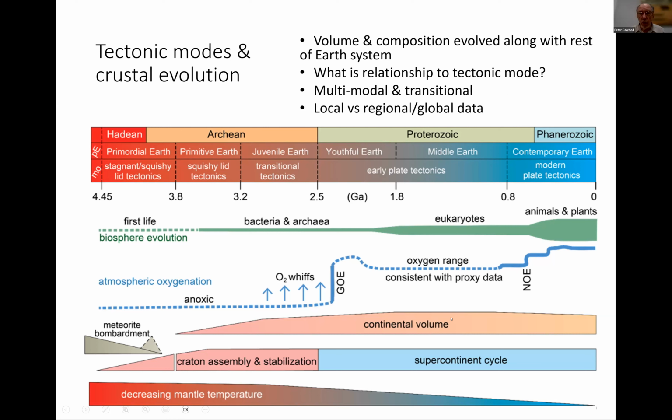We think also in the volume of the continental crust through time, and I would argue the tectonic modes that have operated through time and helped produce those continental volumes, those continental compositions. Why? Well, I think mantle temperature has played a key role, and mantle temperature has been decreasing since the Earth first accreted from the solar nebula. So that's a first order constraint that has to be invoked and dealt with.